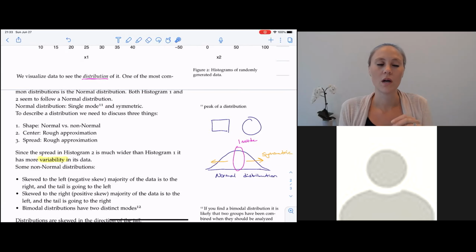Even if I found a mosquito that was 1 centimeter longer than another mosquito, that would be a lot longer, like double size. Whereas if you found a dog that was 1 centimeter longer than another dog, you probably wouldn't even notice. So that's where this variability is going to come into play.